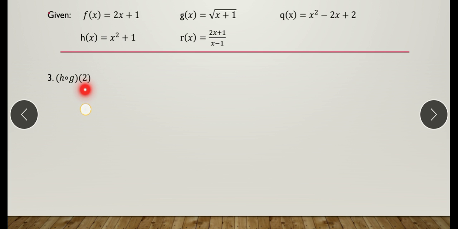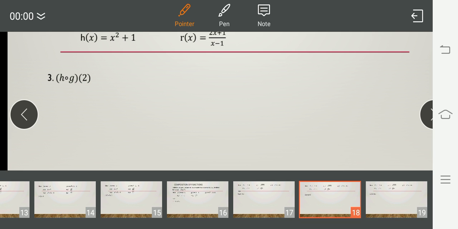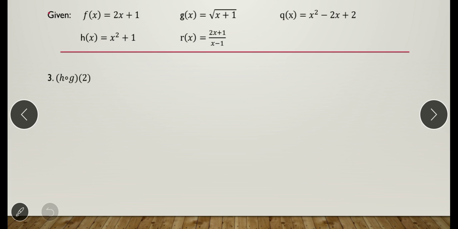So this is now a real number 2. But still, we have to base on the definition such that this one is equal to h of g of 2.